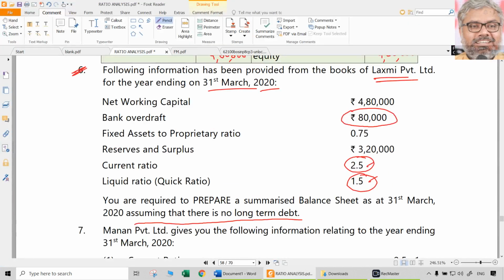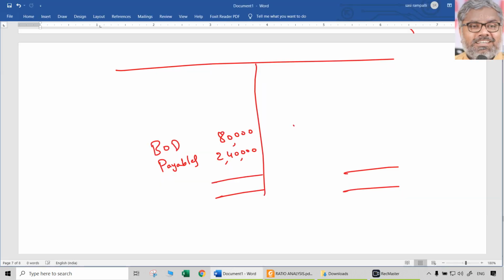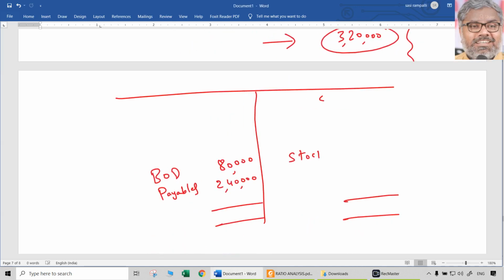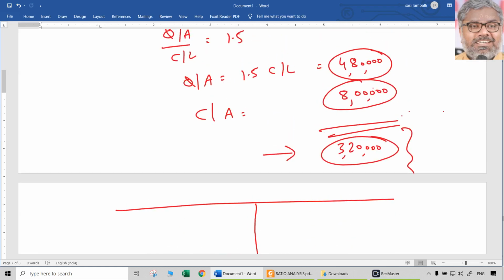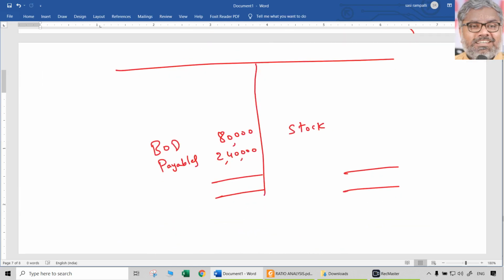Then on the asset side, we have stock, inventories, how much? 3,20,000.